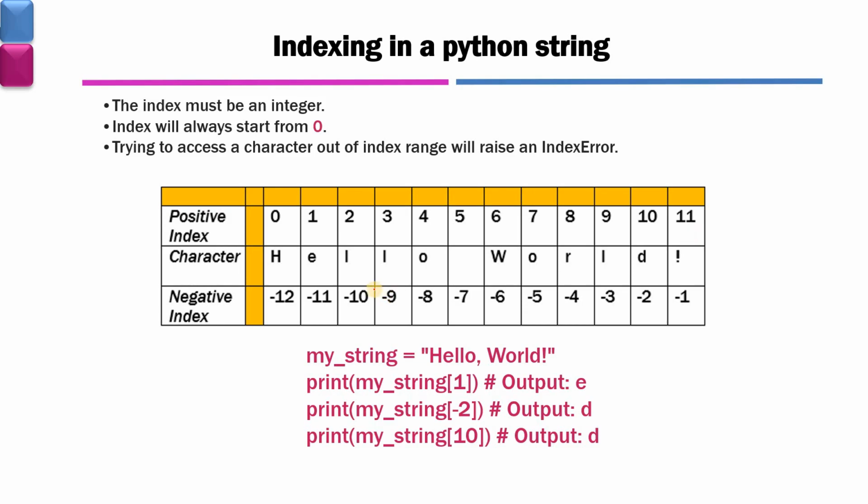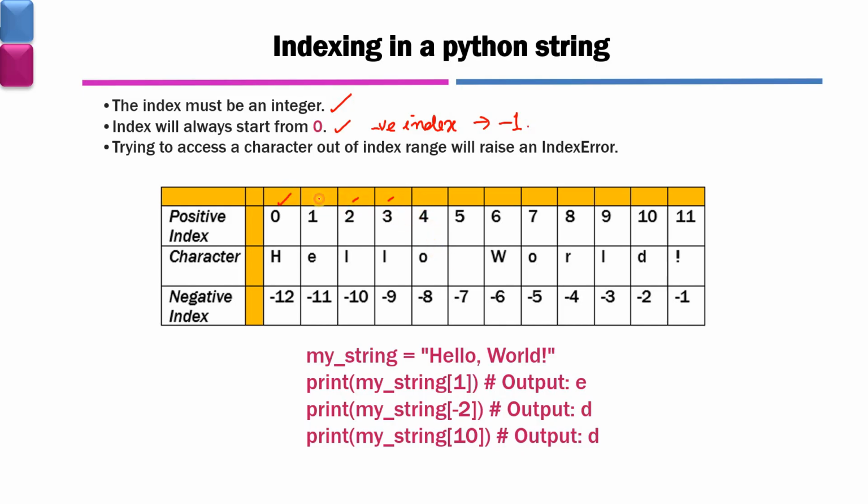Now what is an index? An index is nothing but an integer value, and it always starts with value 0 if it is a positive index. If it is a negative index, then it will start from -1, but at the end of the string. From the end of the string we will number if we are using a negative index, and that number will start from -1. Let's take an example. The positive index starts from 0, 0, 1, 2, 3 like this.